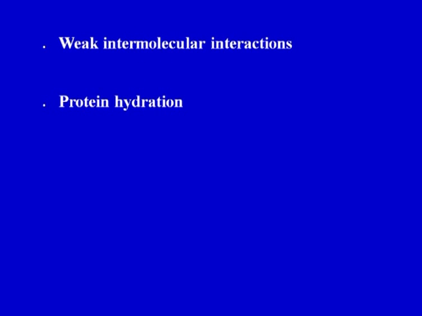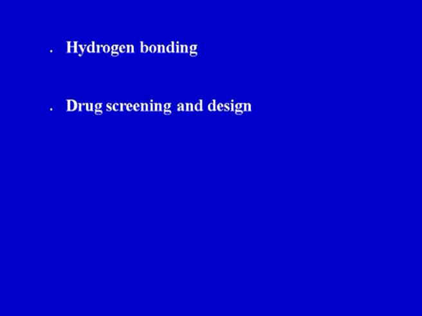Weak intermolecular interactions can be seen here, and protein hydration, to detect interior water and its interactions, can be done. This technique can also be used for direct detection of hydrogen bonding interactions, and it is useful in identifying drug leads and determining the conformation of compounds bound to enzymes, receptors and other proteins.